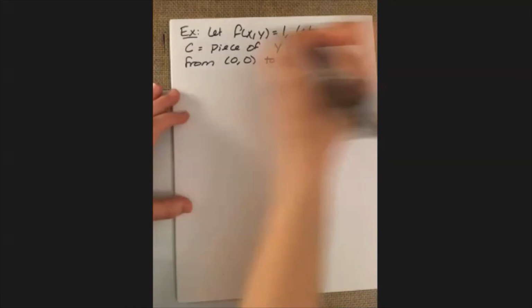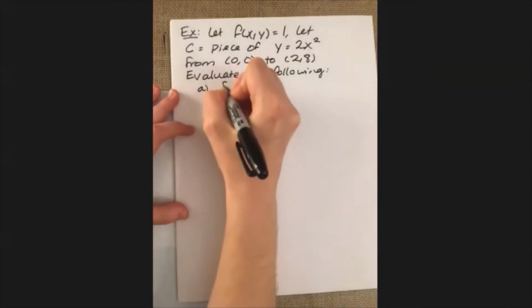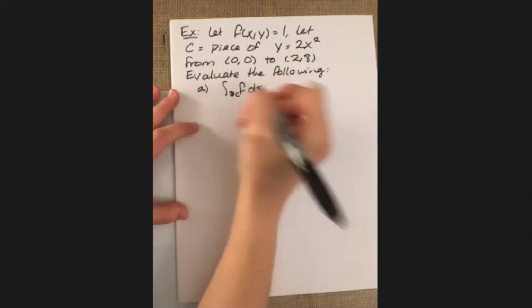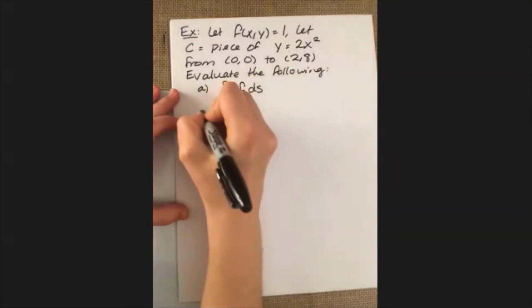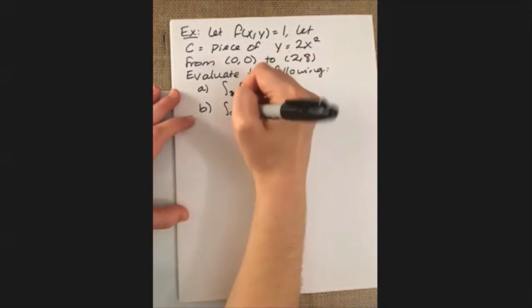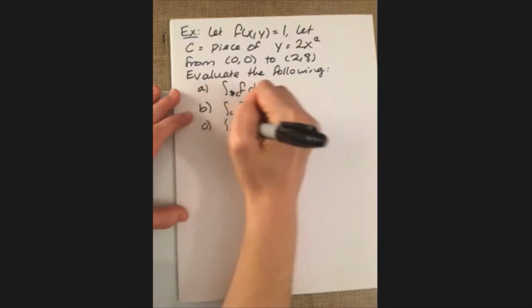And we are going to evaluate the following. Our first one is just the standard integral of f ds, oops, that should be over C. Our next one will be the integral over C of f dx, and then we'll do the one for dy as well.